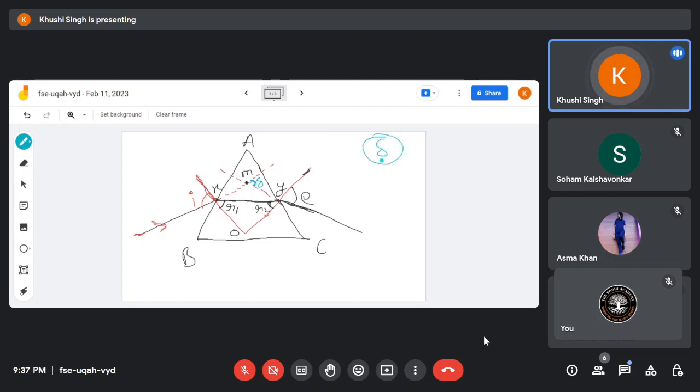Now, why do we need to do this? Because a prism has one function. Actually, there are two functions. But the first function, everyone must know, is dispersion of light. Whatever white light is coming, what will it do? Can someone tell me? What does a prism do? Come on.